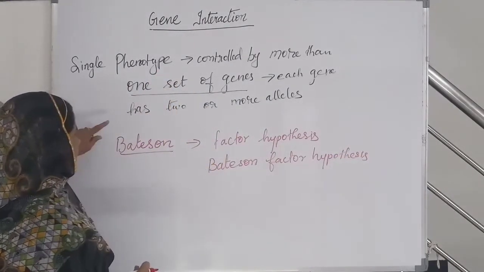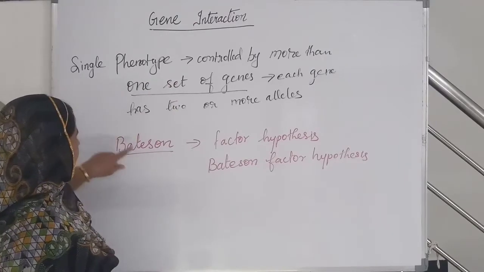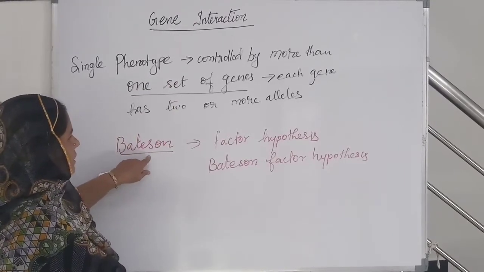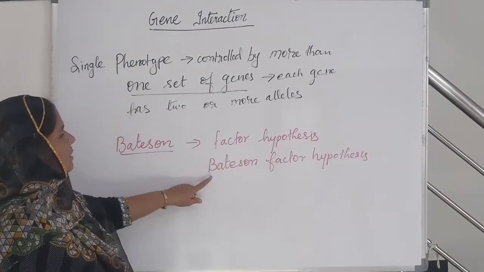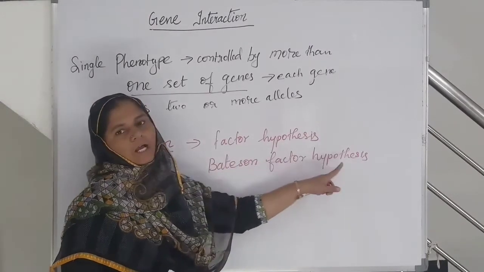Gene interaction was introduced and explained by Bateson. It is called factor hypothesis, otherwise Bateson's factor hypothesis.